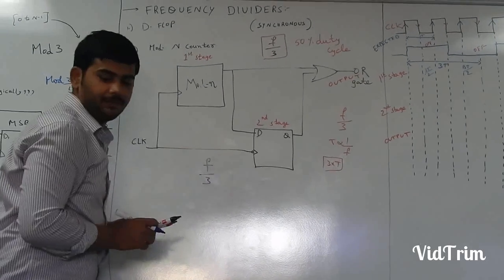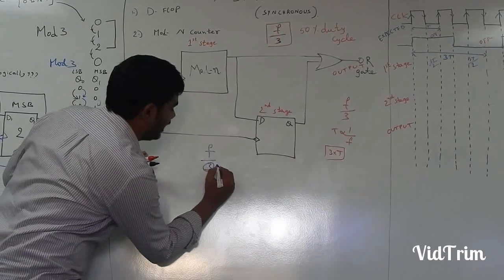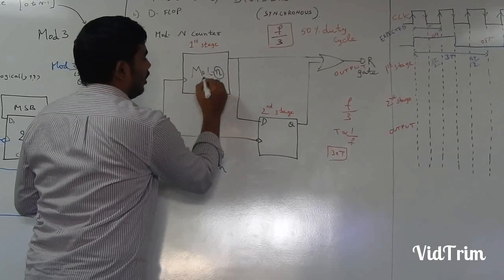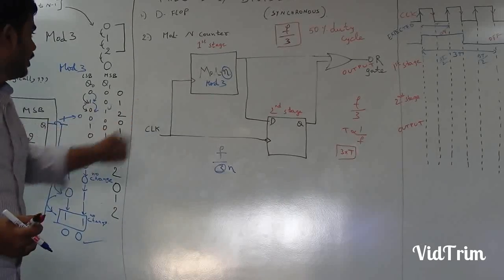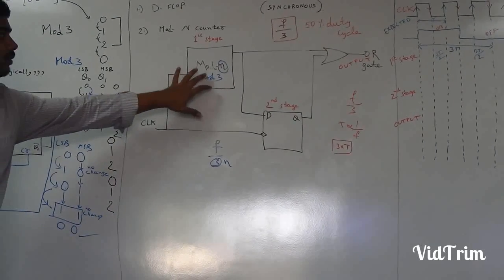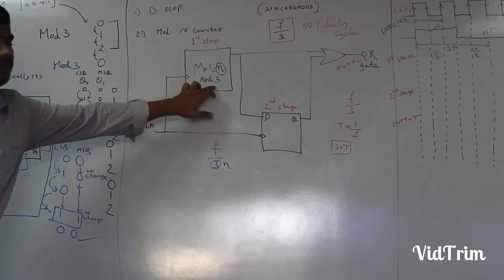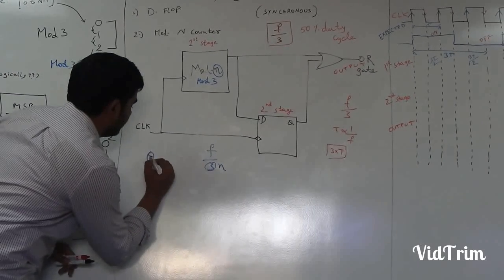So if suppose they ask you f by 3, please consider f by n, consider this as n. So replace this first stage with mod 3 counter. Okay, you know mod 3 counter, it's here. You know this mod 3 counter, right? So replace the first with mod n, like f by n, where n is 3. So mod 3 counter. Now let us quickly recall this truth table.